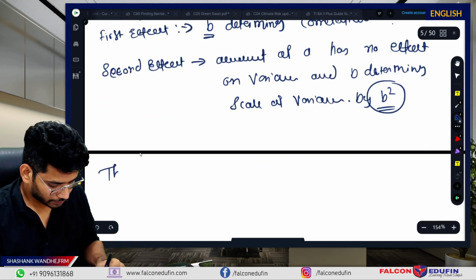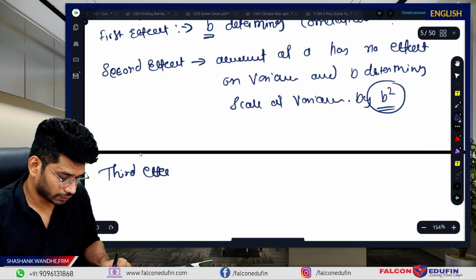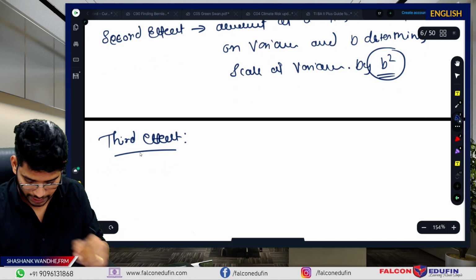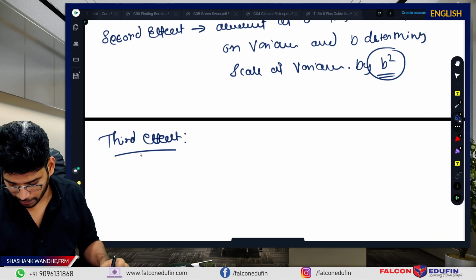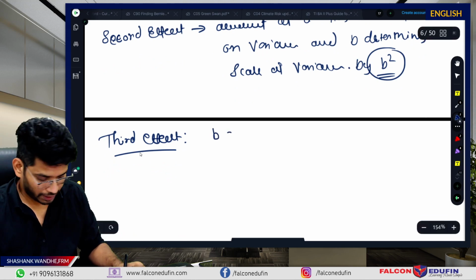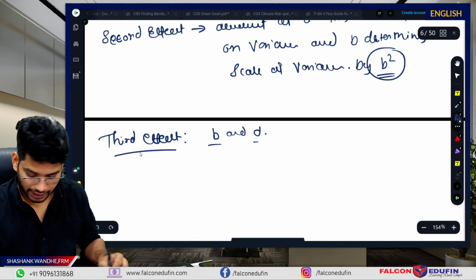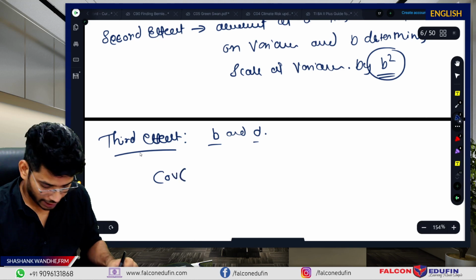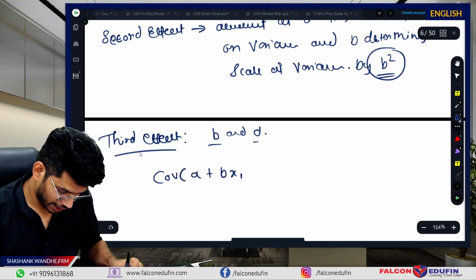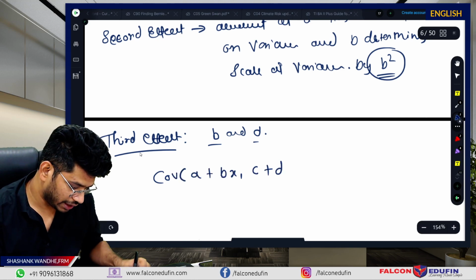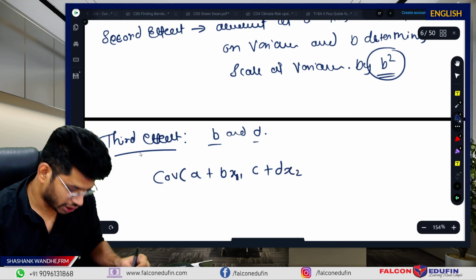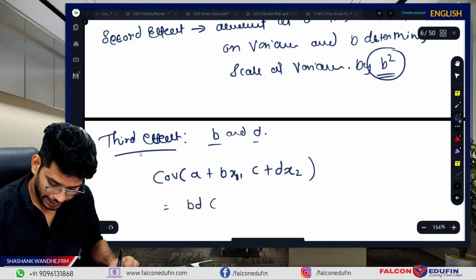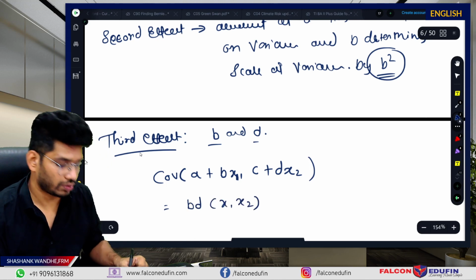And the third effect. Again, this is the same property as the previous chapter's property. Let's see how b and d come into the picture. The covariance of the linear transformations a plus b x1 and c plus d x2, so two variables, will be equal to bd times the covariance of x1 and x2.